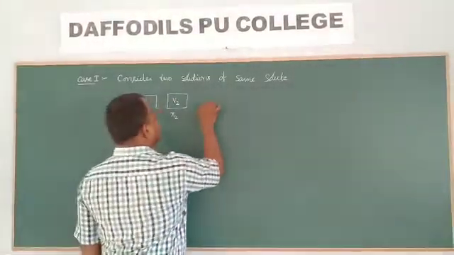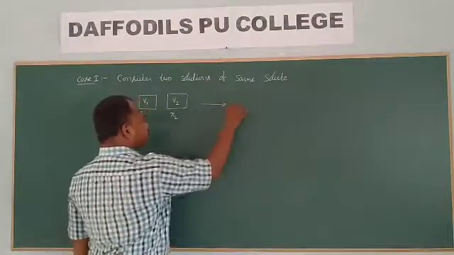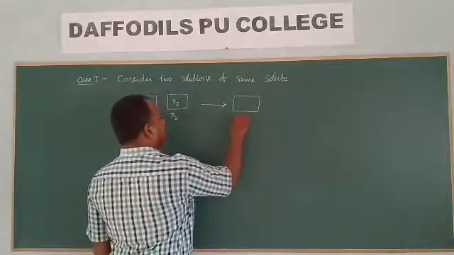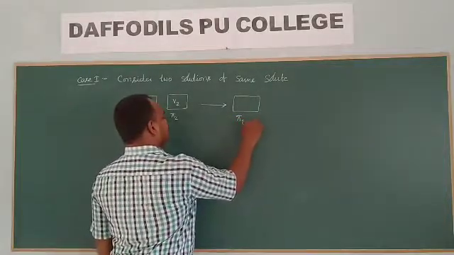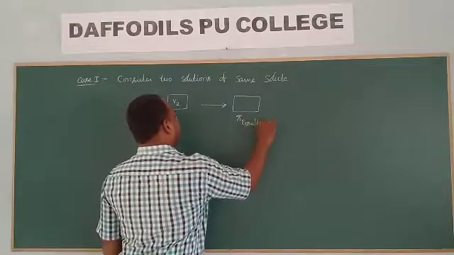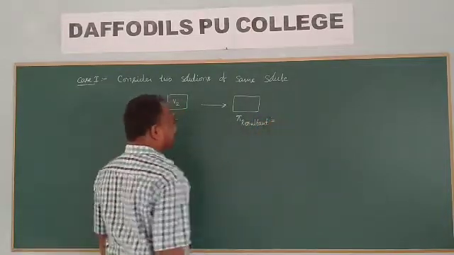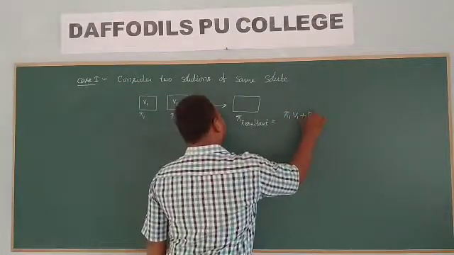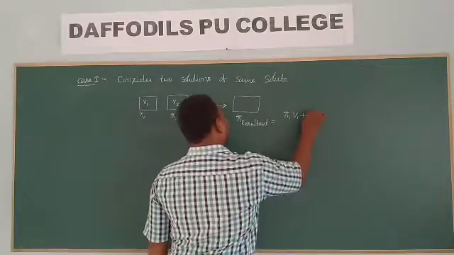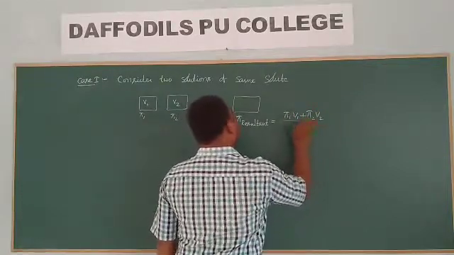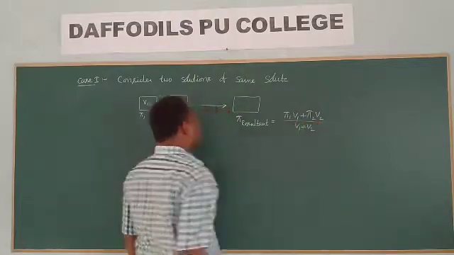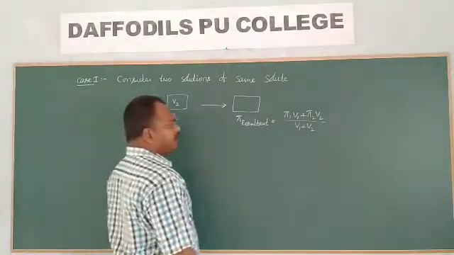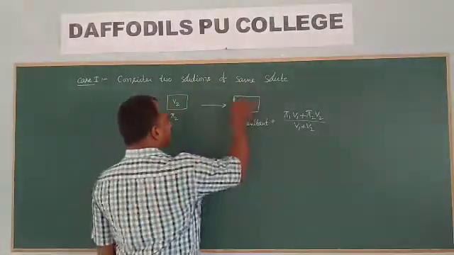When these two solutions are mixed, the resultant osmotic pressure can be calculated using this formula: the resultant osmotic pressure is equal to pi1 V1 plus pi2 V2 by V1 plus V2.